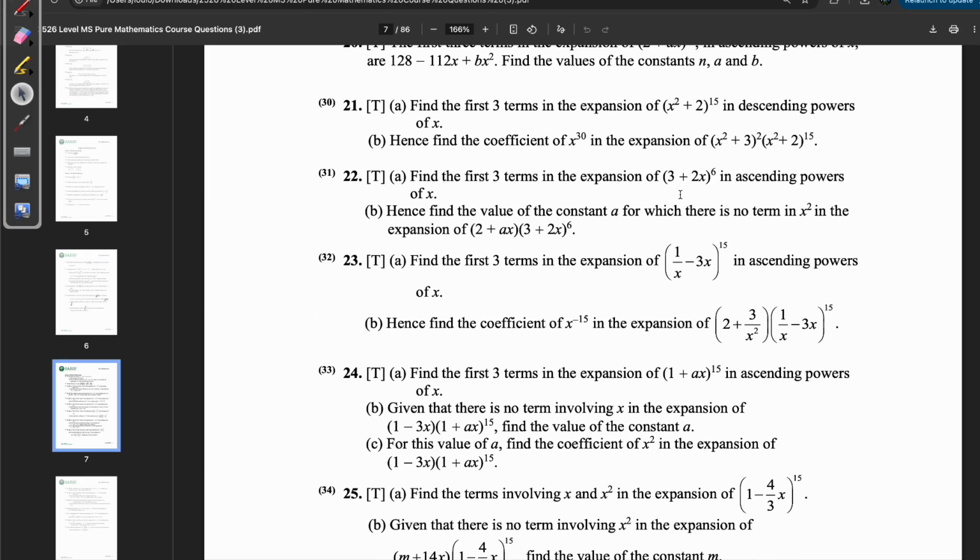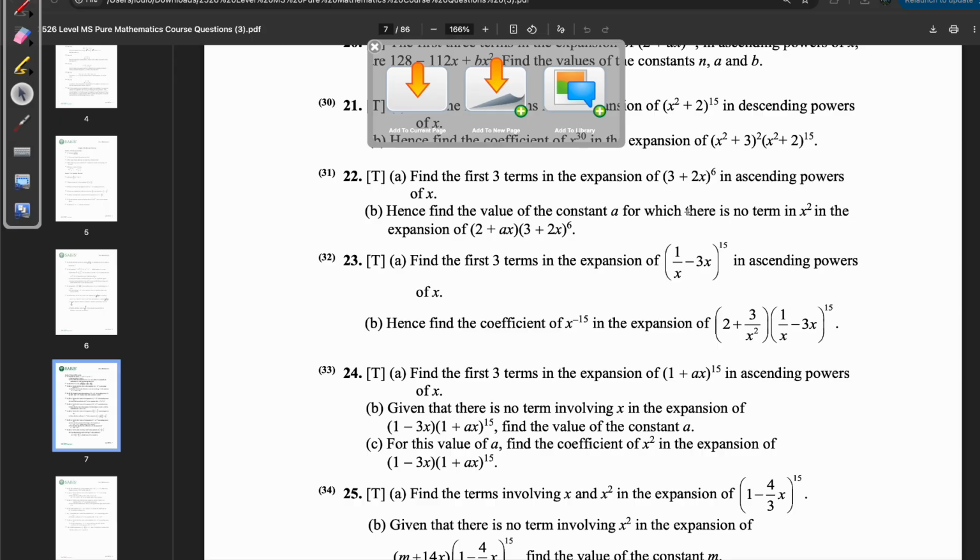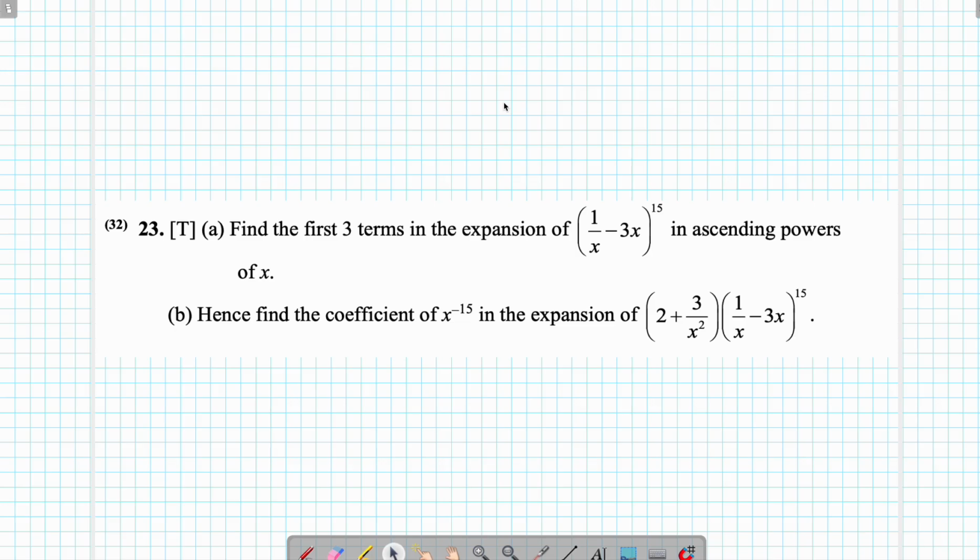Number 23. Find the first three terms in the expansion of 1 over x minus 3x to the 15 in ascending powers of x.